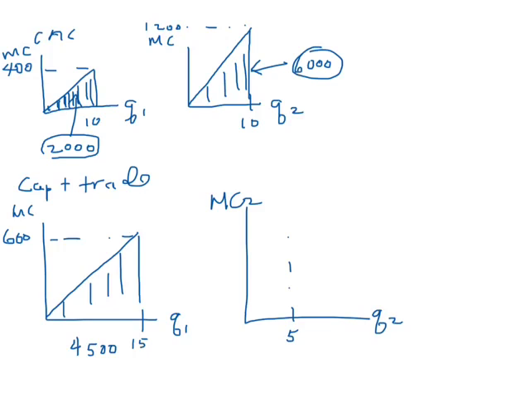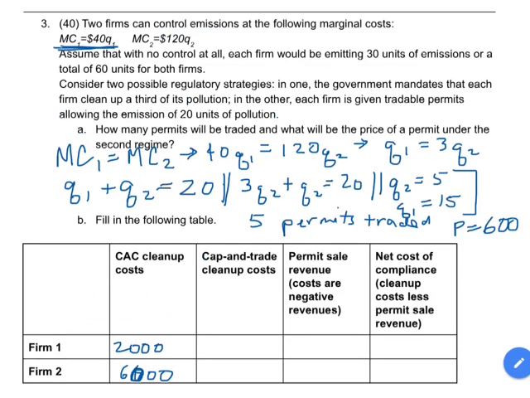And of course, their marginal cost to clean up is also 600. 1/2 times base times height, 5 times 300 is 1,500. I didn't write that out, but 5 times 300 is 1,500. So let's go back and enter those.